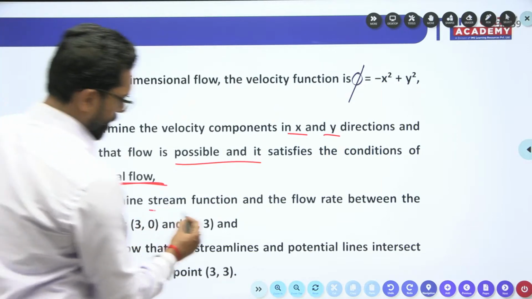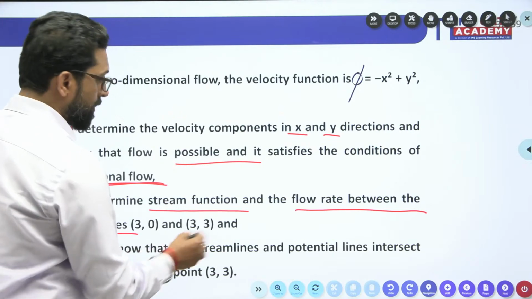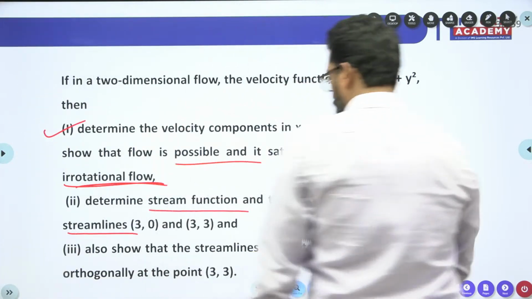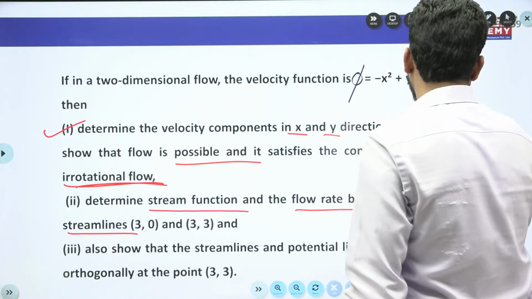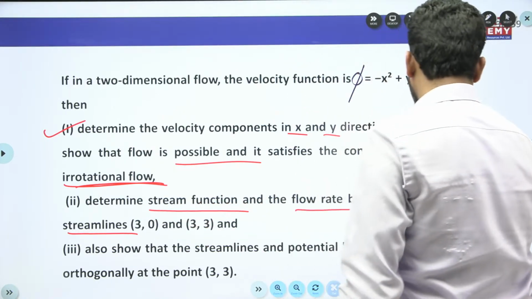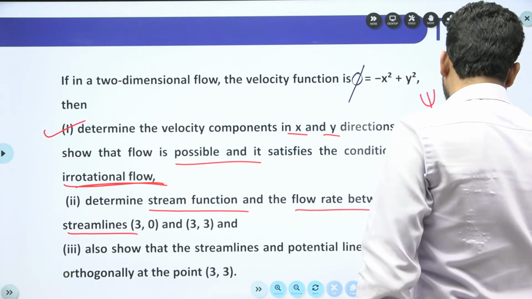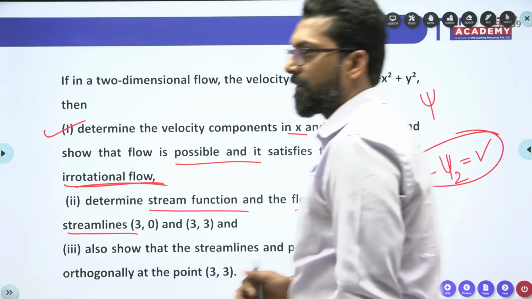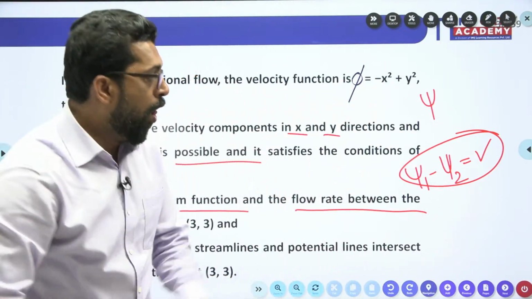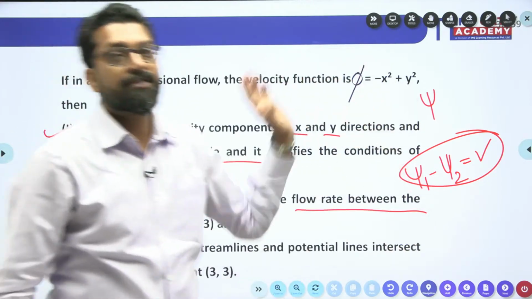Determine the stream function and the flow between the streamlines. That means you find your stream function psi, and then the flow rate. The flow rate is the difference between two stream function values, because at a fixed streamline the stream function is fixed.